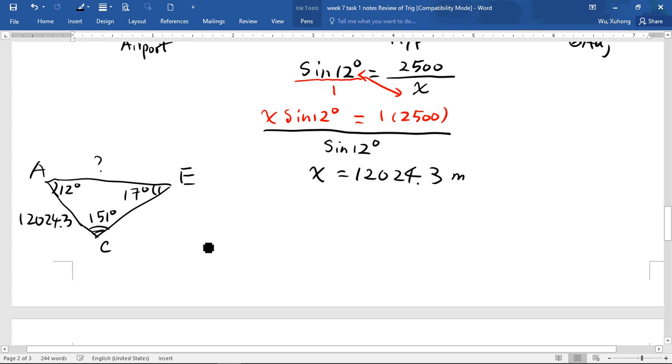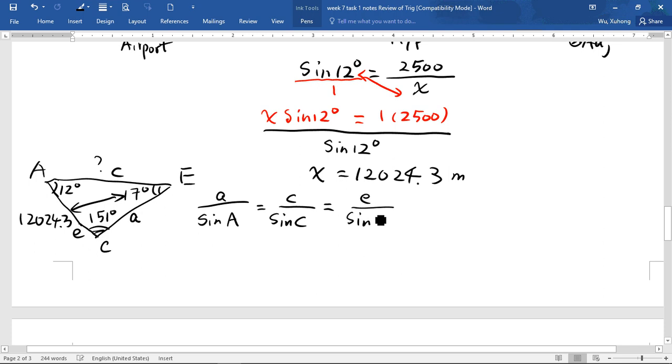Now we are going to label it using small letters, so side a, side c, side e. We have the opposite side and opposite angle given, so we could use the sine law. So a over sine angle A equals side c over sine angle C and side e over sine angle E.